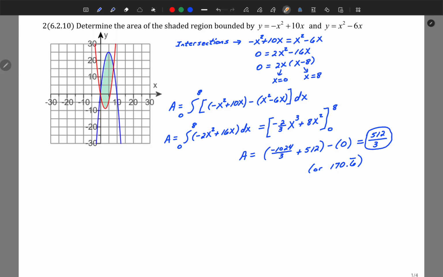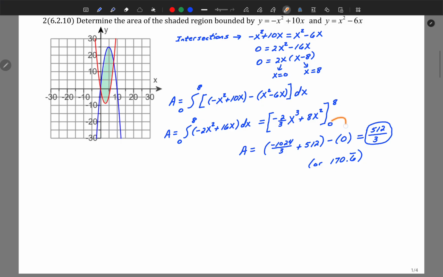When we integrate, we get our -2/3 x cubed plus 8x squared evaluated at your limits of integration of 0 to 8. Of course, when we evaluate this at 0, we just get a very boring 0 for the lower limit. The upper limit does give us some values. We have -2/3 times 8 cubed. That's -2/3 times 512. It gave me -1024 over 3.